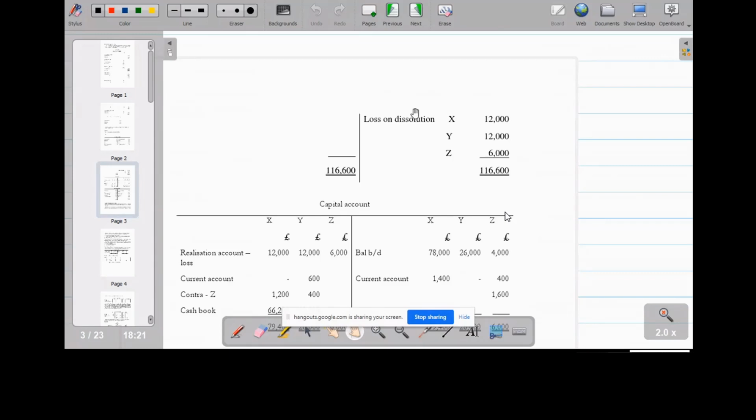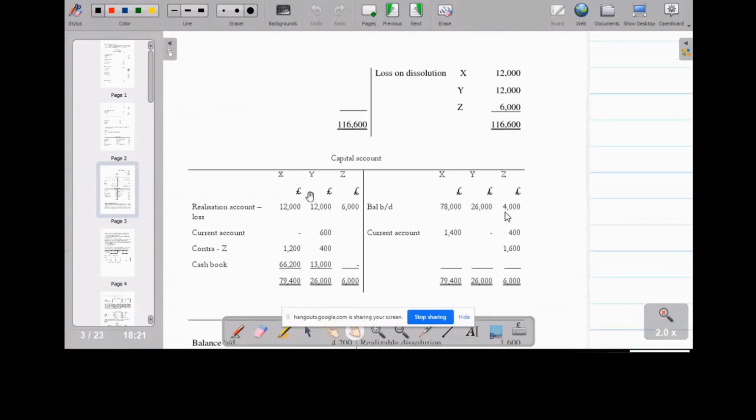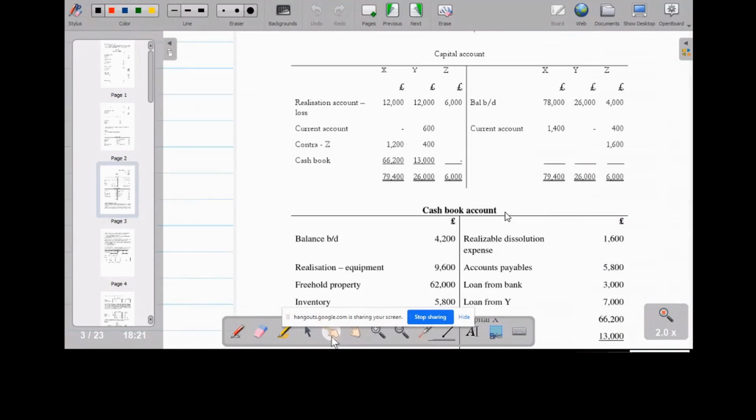Then from there, you need to prepare the capital account. You can see the opening capital balances: partner X was 78,000, Y is 26,000 and Z is 4,000.